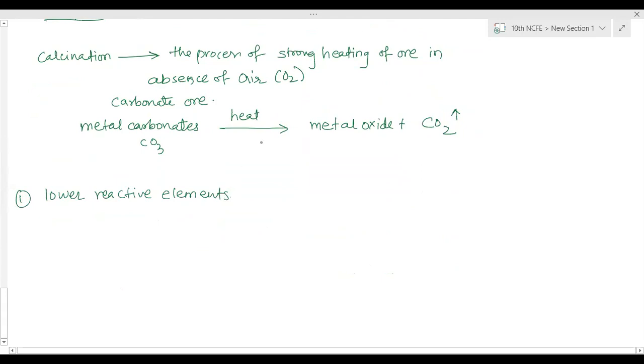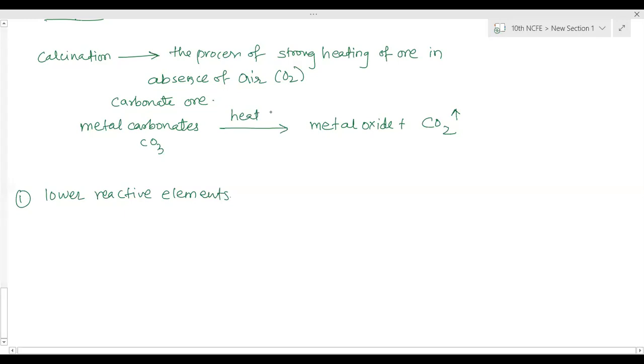In lower reactive elements, copper, gold, platinum, silver, these are mostly found in their native state. Therefore no chemical reaction is needed to purify them. There are only earthen impurities, so enrichment of ore, which we learned last class, is enough to remove those impurities.